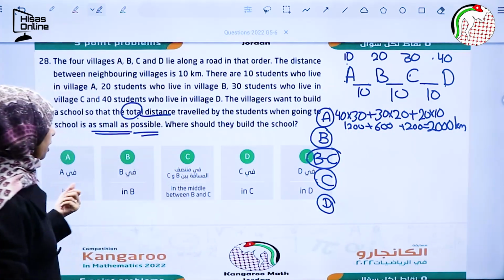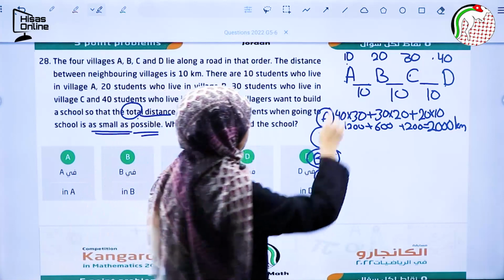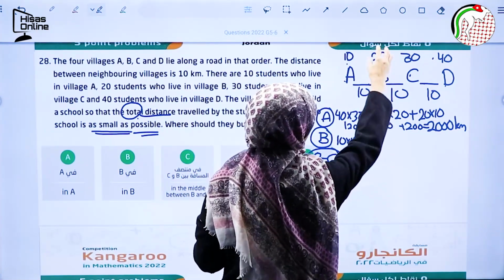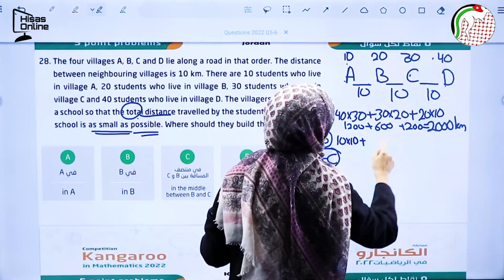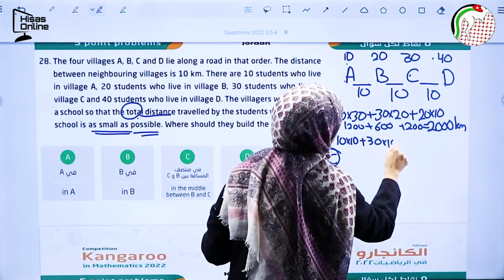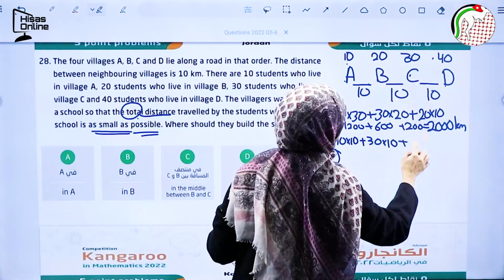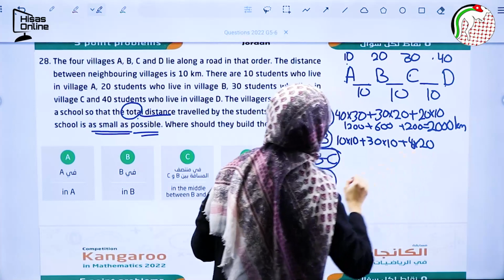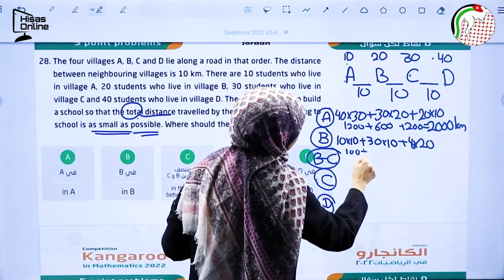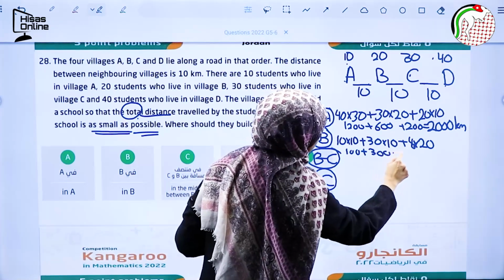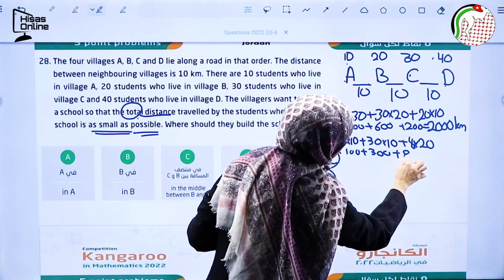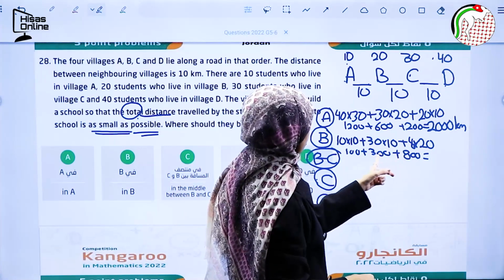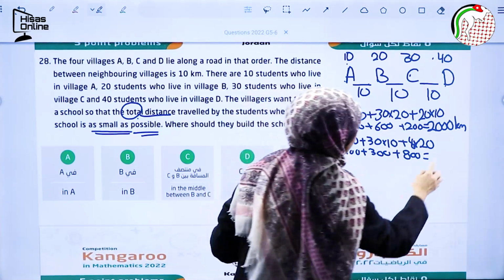This is in A. In B, 10 times 10 plus those will not move. Now those are 30 times 10 and 40 times 20. Let's calculate. This is 100 plus 300 plus 800. Now that makes 1,100, 1,200.